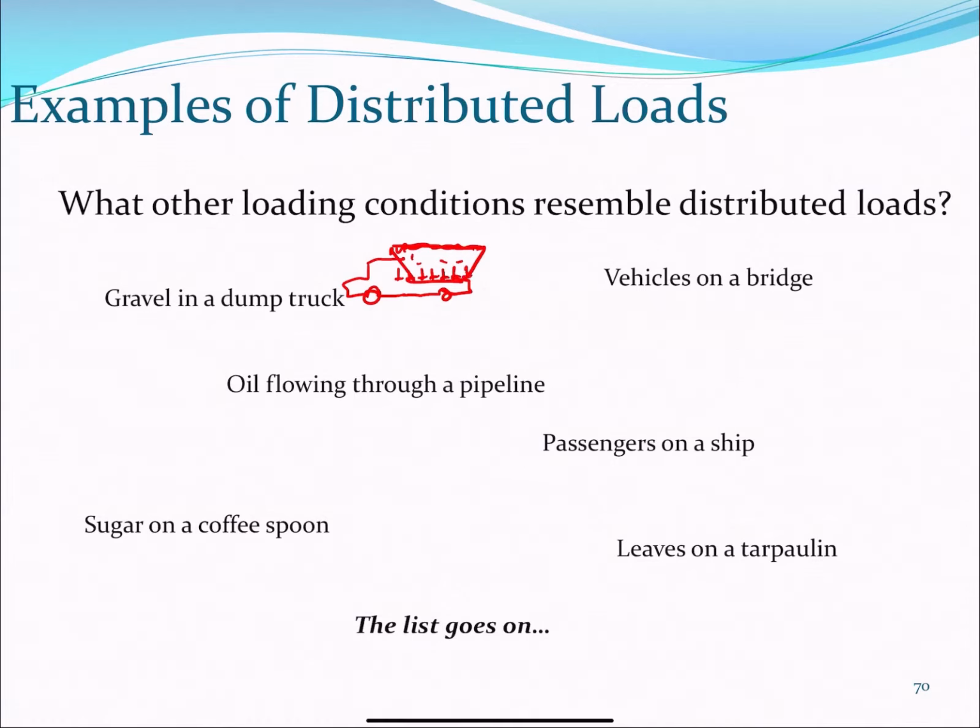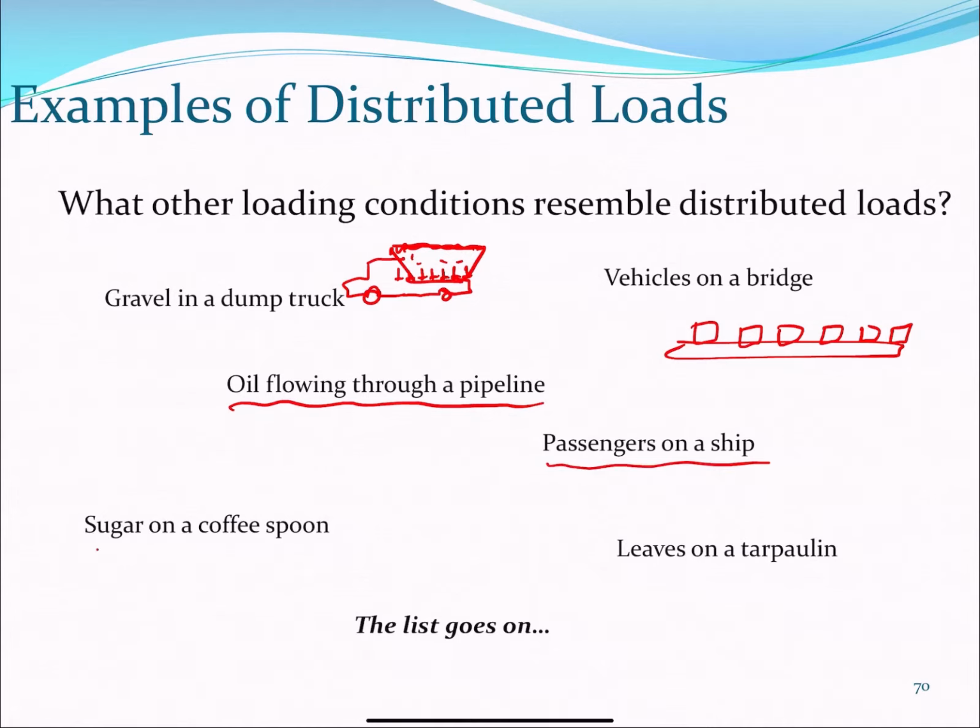Cars on a bridge. Each car would represent a small load. Oil flowing through a pipeline, also fluids have weight. Passengers of a ship, sugar in a coffee spoon, leaves in the tarpaulin, and the list goes on. This is a quite common type of loading.